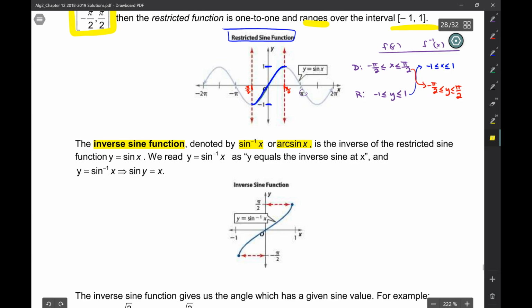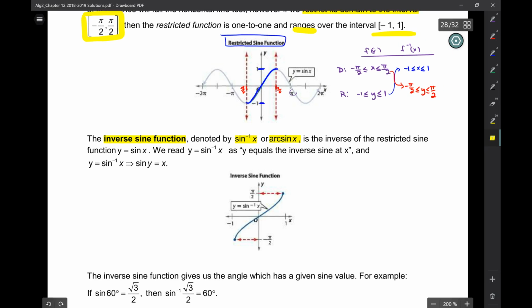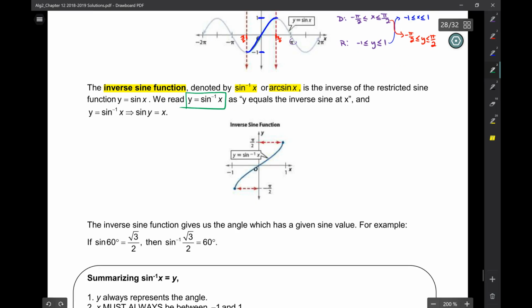I can either write inverse sine of x or arc sine of x, and they mean the exact same thing. That's the inverse of the sine function. The way you would see it written is this, and we read that as y equals the inverse sine of x, or arc sine of x.